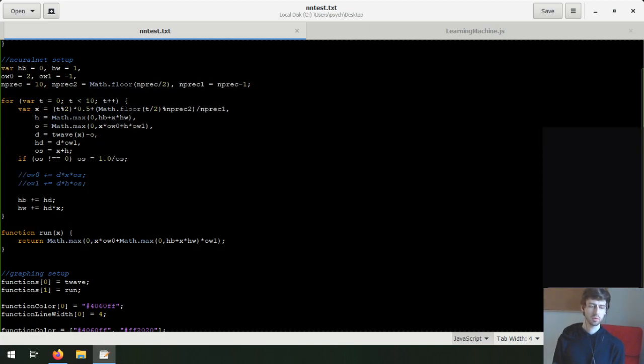Alright, thinking about normalizing the derivative somehow, instead of multiplying it by the weight. I feel like multiplying it by the weight isn't the right way. Maybe it is though.